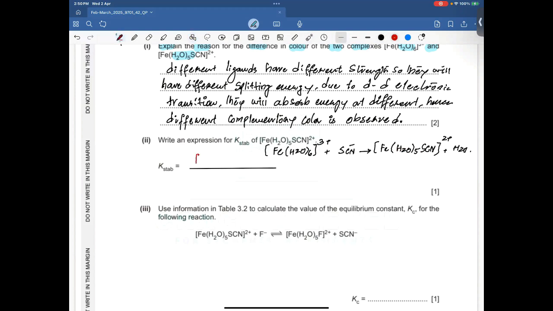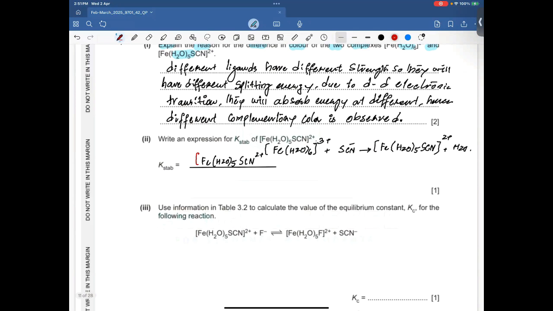So concentration of product over concentration of reactant.